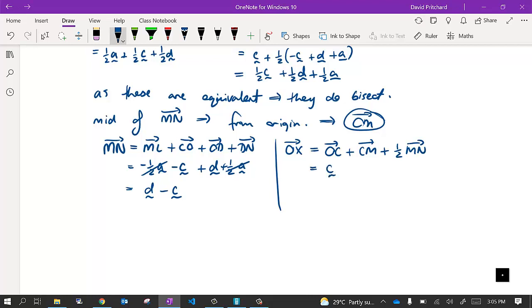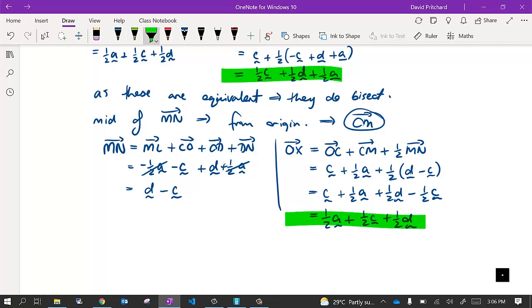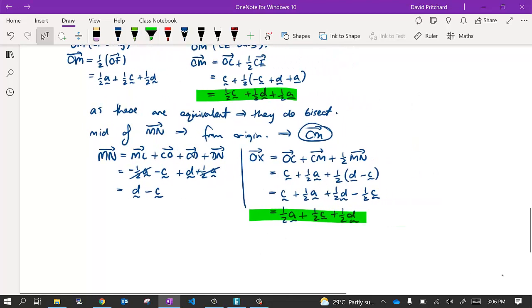So OC is C, CM is 1/2 of A, and then we want to look at 1/2 of MN, which is our D take C. So we've got C plus 1/2 A plus 1/2 D take 1/2 C. And now we've got 1/2 A, 1/2 C, and 1/2 D. Now that OX is the same as our OM, which means that midpoint of MN does meet at the same point as that intersection between those two diagonals.